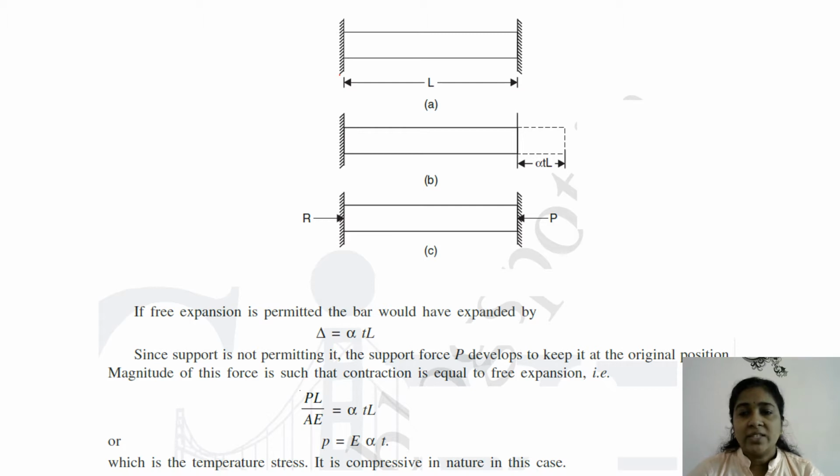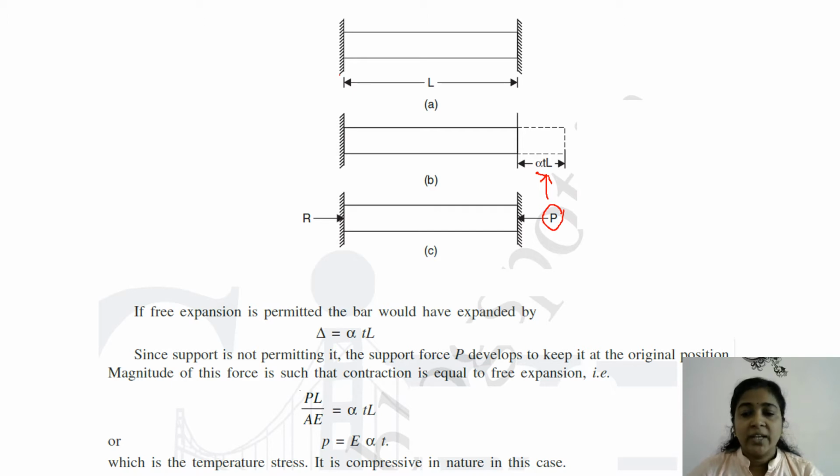If it is not restrained here, there would have been a free expansion given by alpha T into L. Since the support prevents this free expansion, in order to prevent the increase in length of the member, certain compressive forces should develop, and the magnitude of that force is represented here as P. The magnitude of P should be such that the decrease in length due to P should be equal to alpha TL, or delta, that is PL by AE, equal to alpha TL.